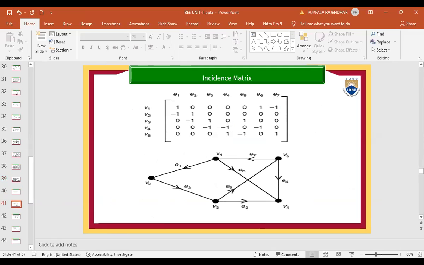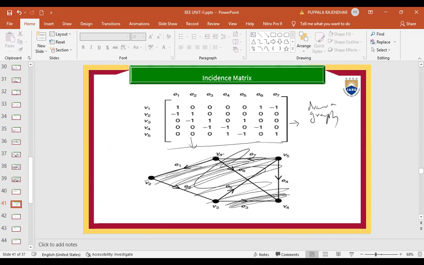So, just try to get the graph for this instance matrix. The instance matrix is given, draw a graph for this. Try it on your own.